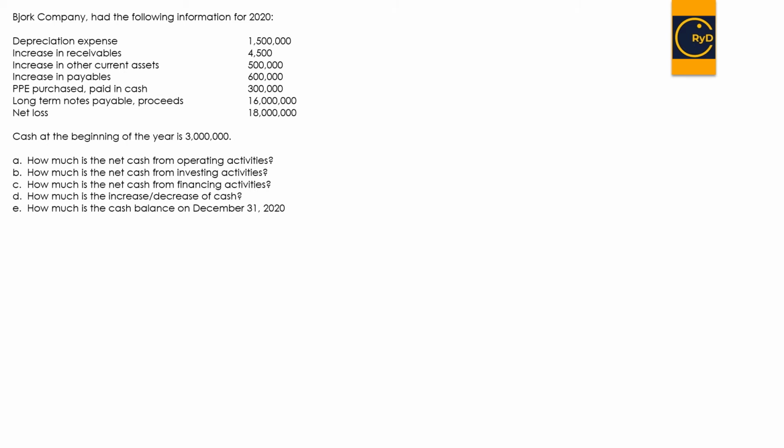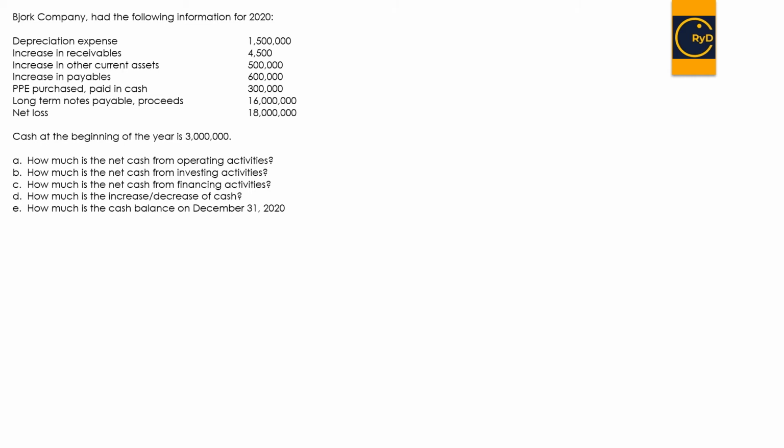So for this one, class, if it's not mentioned in the problem, if you are to create a direct or indirect statement of cash flow, and you can see that there are increases or decreases in your current assets or current liabilities, so automatic ingon ani, class, ang ipa-create is the indirect method of SCF.